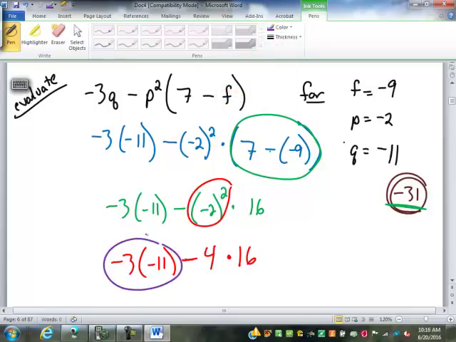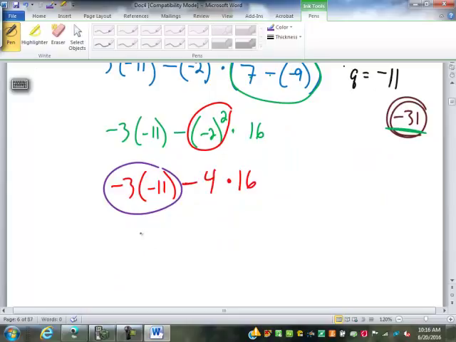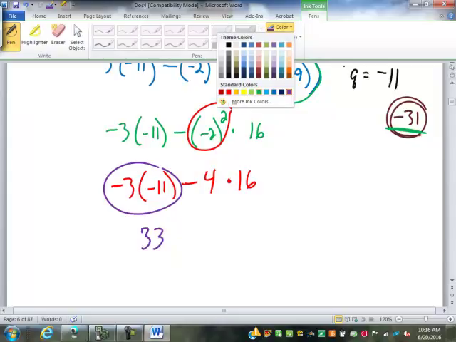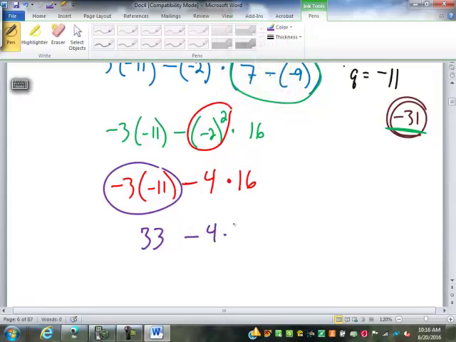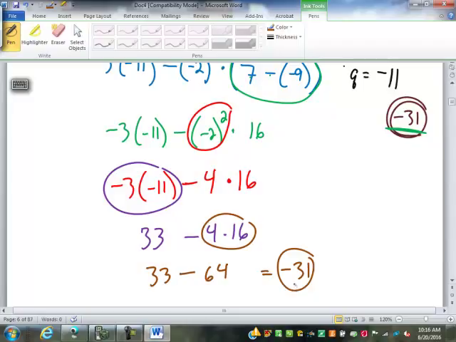Next, we have -3 times -11, which is +33. And now you can either think of this as 4 times 16 and then subtract it from the 33, or you can think of it as a -4 times 16 and add it to the 33. It'll work out the same. I'm going to do 33 minus 4 times 16, which is 64. 33 minus 64 is a -31. Which is what my calculator gave me, which is good.